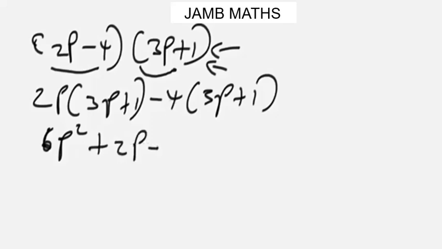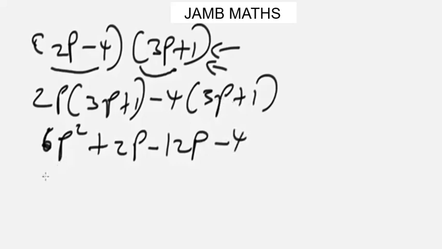Now minus 4 times 3p gives us minus 12p. Then minus 4 times 1 gives us minus 4, since negative times positive gives negative. That's basically what we are doing.